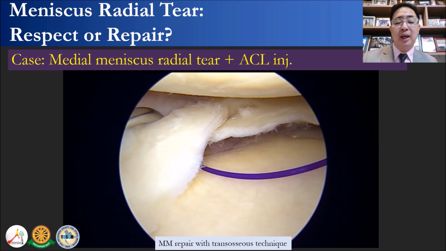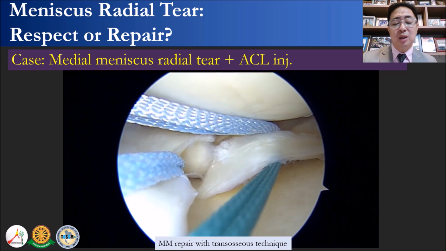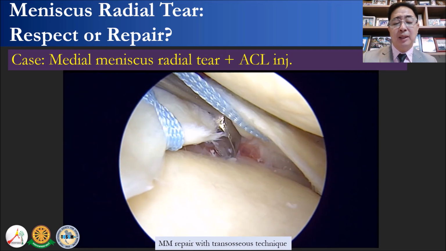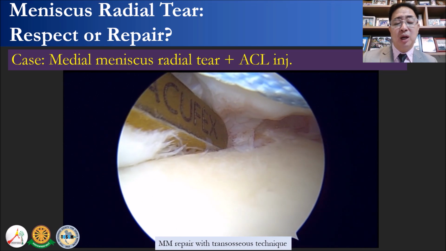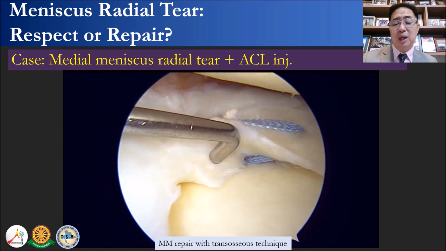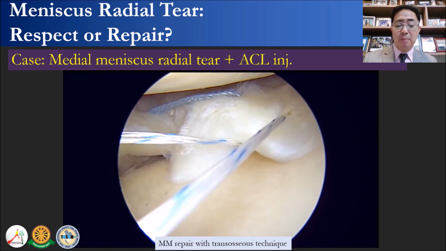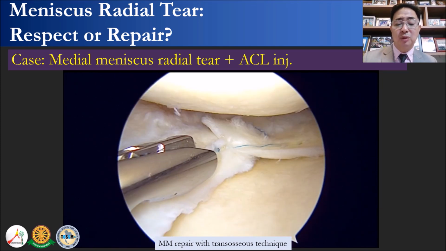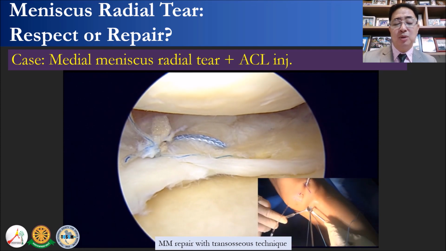When I got in, the bucket handle had healed, but there was a new radial tear. So I used the Laplace technique. I passed the suture through the meniscus and made a tunnel to the tibia. This tibial tunnel makes the meniscus more stable, and you also get bone marrow from the tibial tunnel. Then I performed the side-to-side repair to the tibial tunnel.